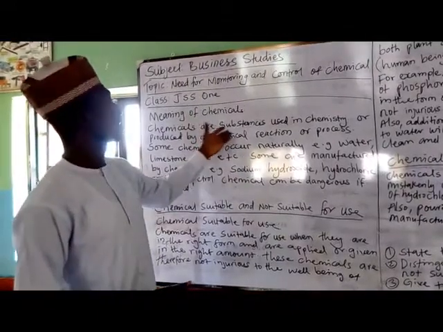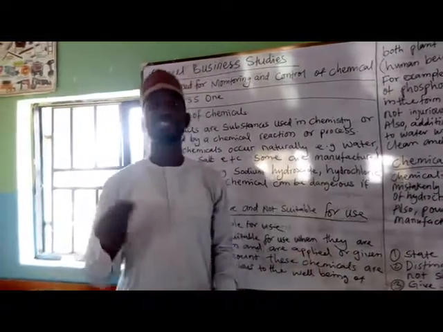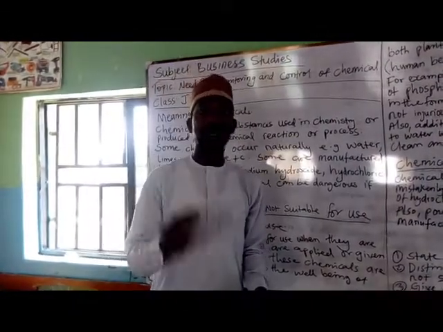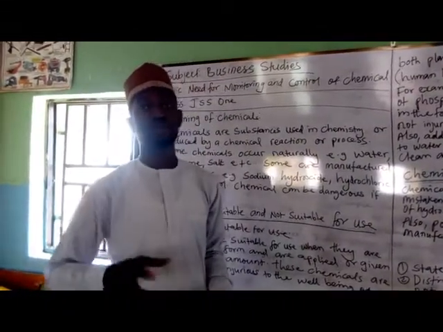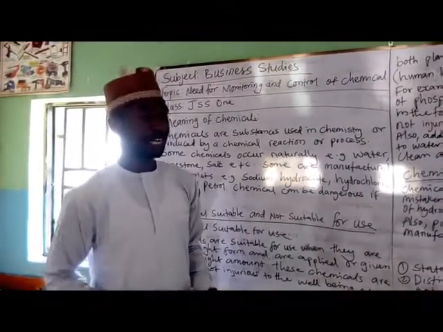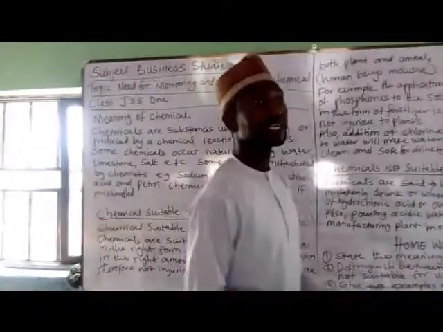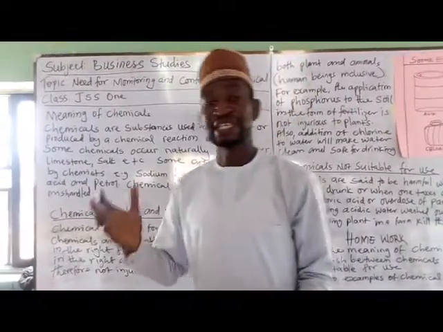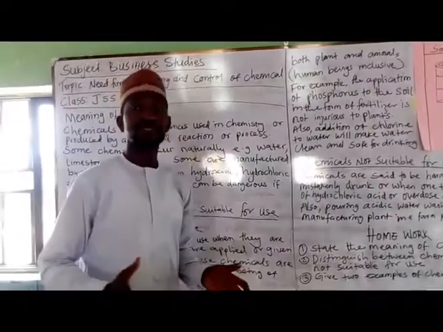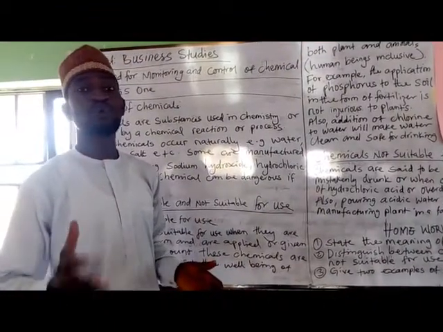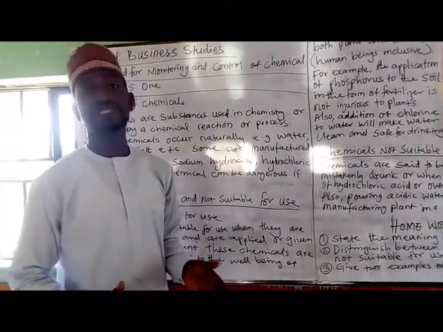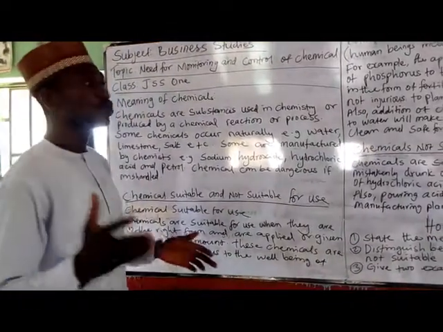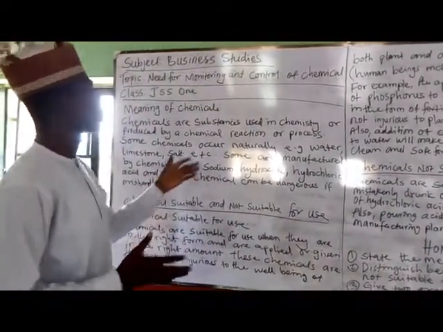Chemicals, as I rightly said here, are substances that are produced in the lab for industrial purposes. Chemicals, like you rightly know, are suitable and not suitable. There are domestic items that we use at home that require chemicals. As we go further, you are going to be exposed to those chemicals.